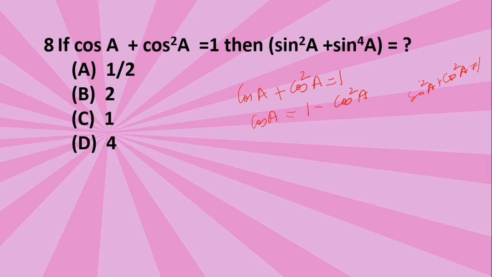So by that identity you can write cos A is sin square A. Now take the equation sin square A plus sin to the power 4A. Now here sin square is cos A. So write cos A plus, this is sin to the power 4A, means sin square A whole square, that means cos square A. So cos A plus cos square A, it is given to be 1. So the correct answer is C.